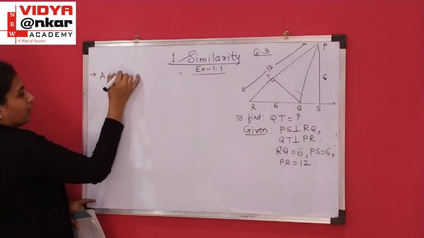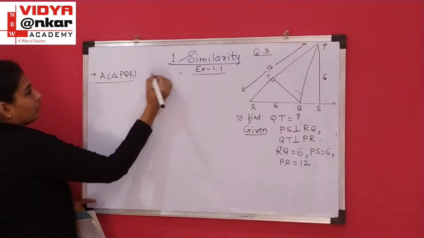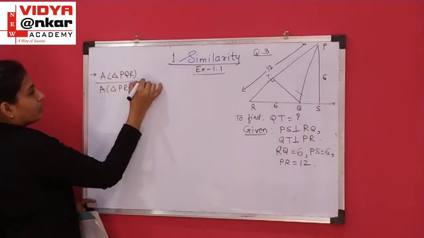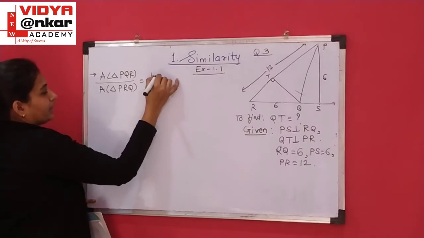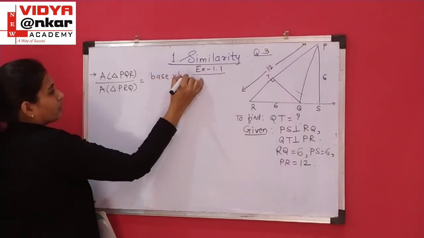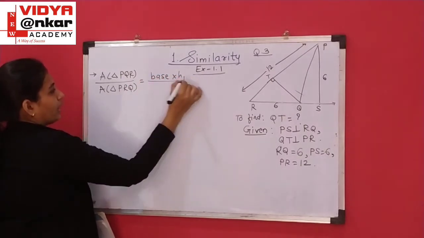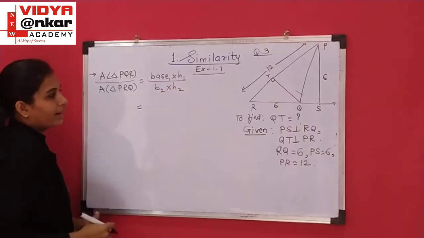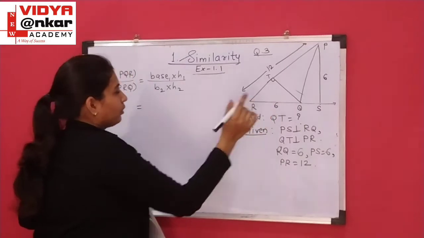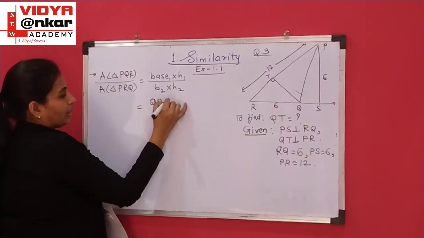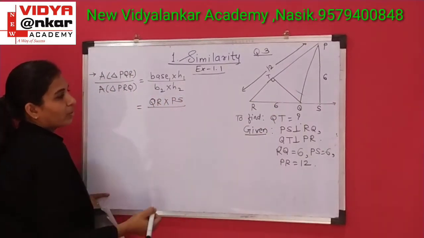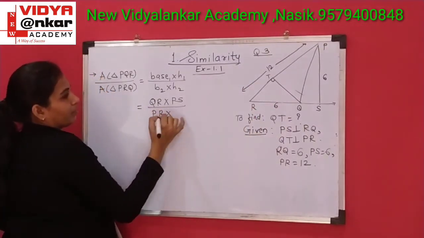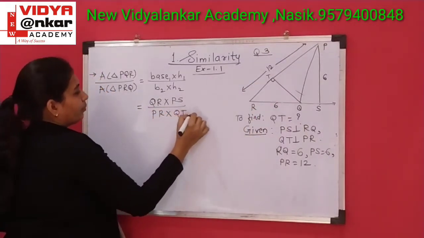Area of triangle PQR upon area of triangle PRQ, base into height, base into height. For triangle PQR, base is QR, height is PS. For triangle PRQ, base is PR and height is QT.